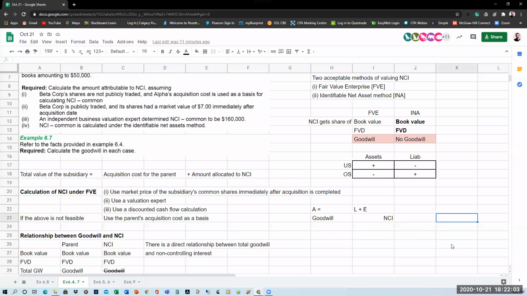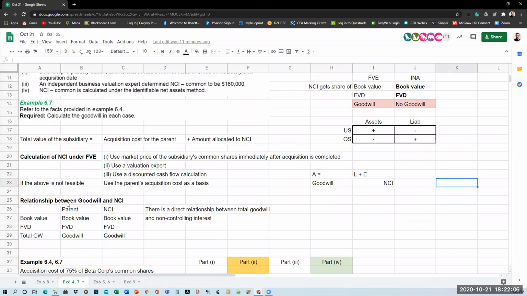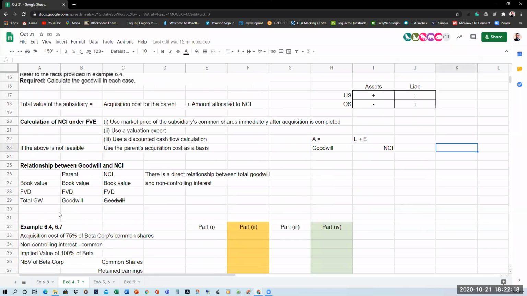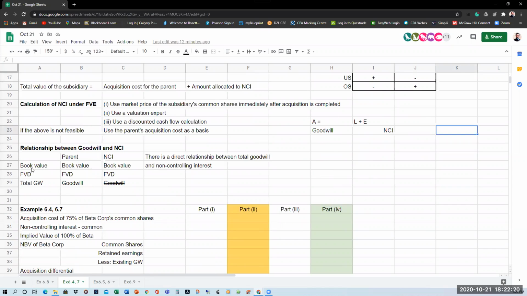Okay. The second thing I want to highlight is that there is a direct relationship between total goodwill and the value allocated to non-controlling interest. Now, notice that as far as the total subsidiary is concerned, the total value of the subsidiary is made up of book value, fair value differences, and total goodwill arising on the acquisition.